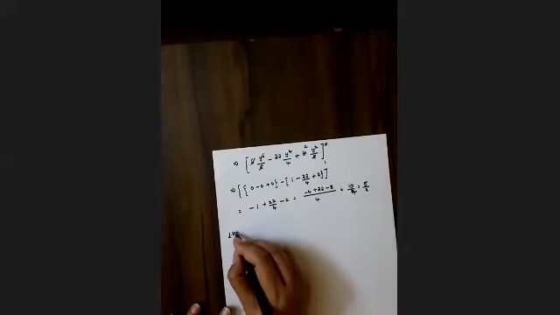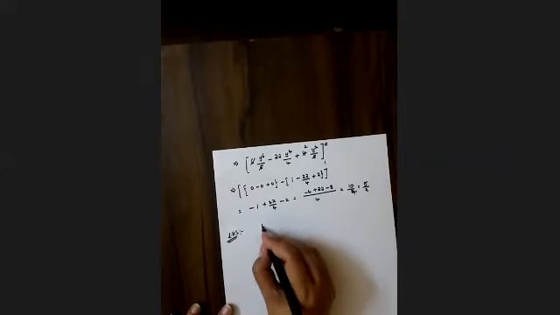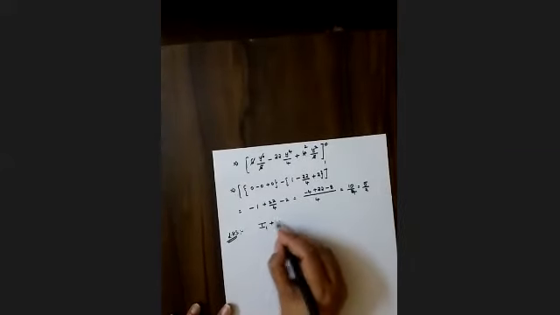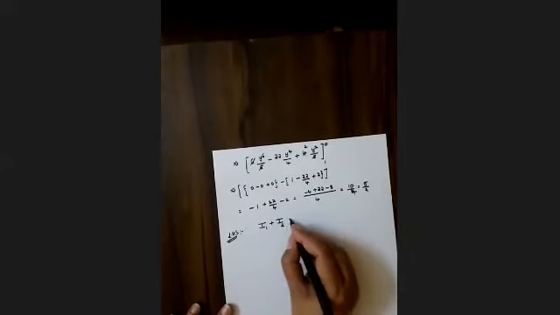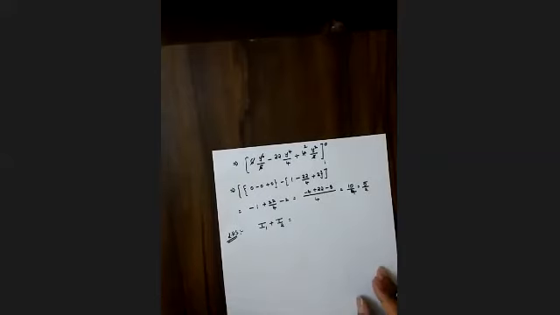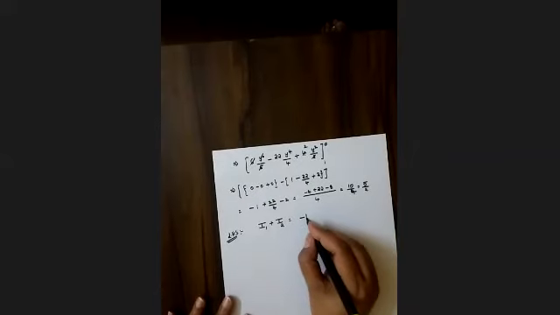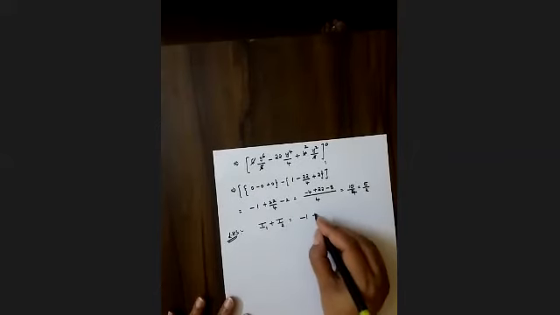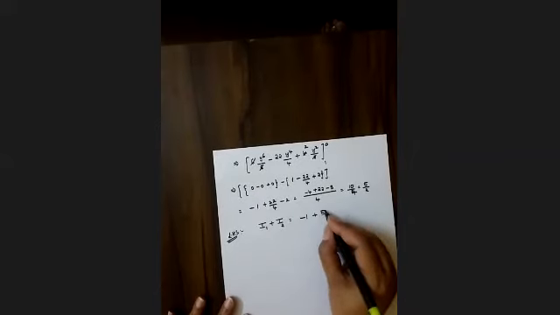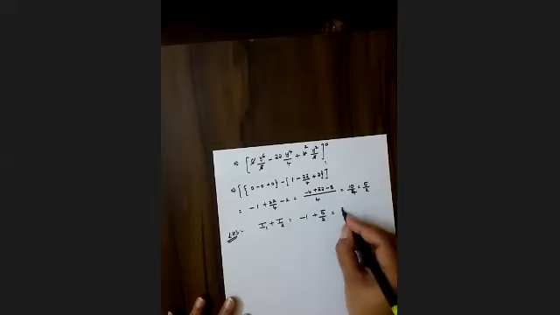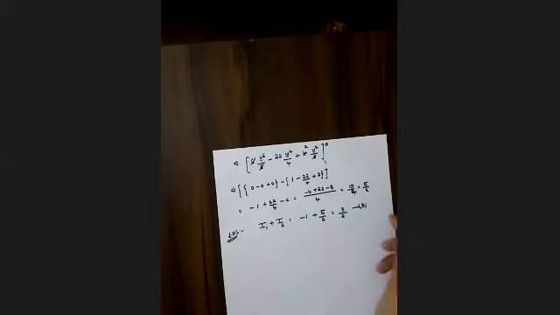Therefore, left hand side includes I1 plus I2. Integral 1 along OA, integral 2 along AO. What are the values we got? Minus 1 along OA plus 5 by 2 along AO, which is nothing but 3 by 2. That is equation B. Therefore, both the values are same or not?